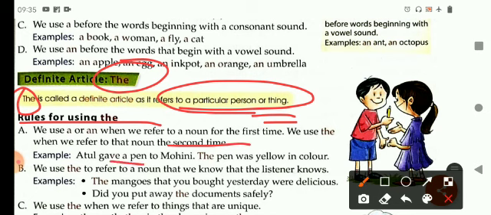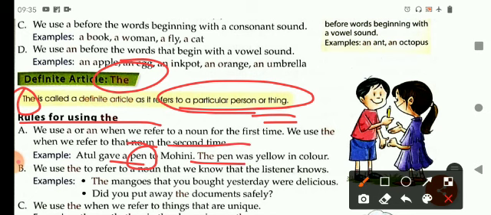Here, a is used when we say something about a noun for the first time. And the pen was yellow in color. Now here again you can see the difference. The is used with the same pen, referring to what we have already talked about in our first sentence. Now it has become a specific thing.